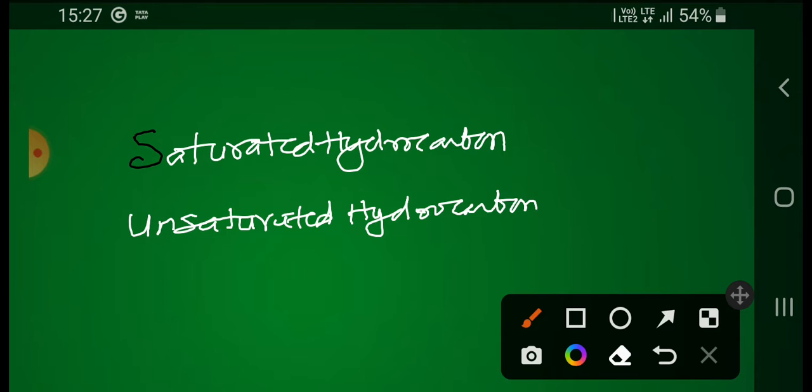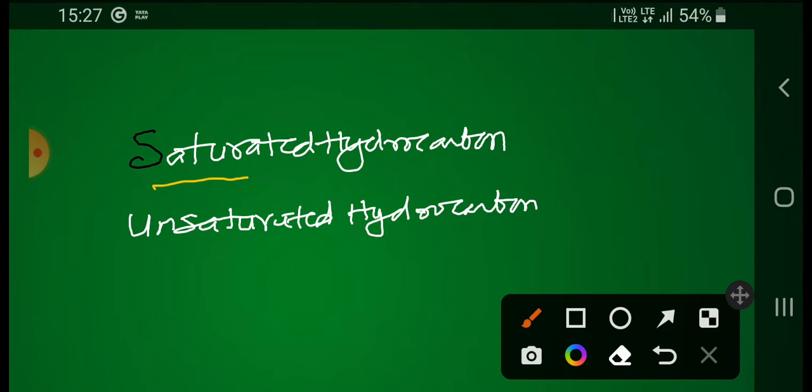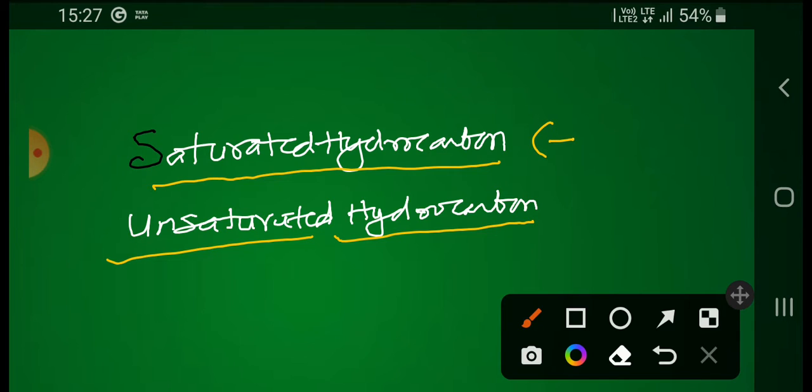Now the question is how we can define which ones are saturated hydrocarbons and which ones are unsaturated hydrocarbons. Hydrocarbons which contain single bonds between carbon and hydrogen or between carbon-carbon are examples of saturated hydrocarbon, and those which consist of double bond or triple bond between two carbon atoms are considered as unsaturated hydrocarbon.